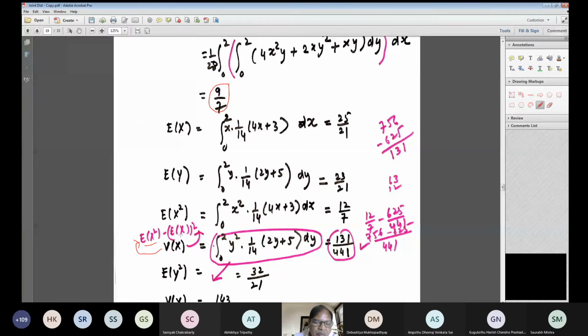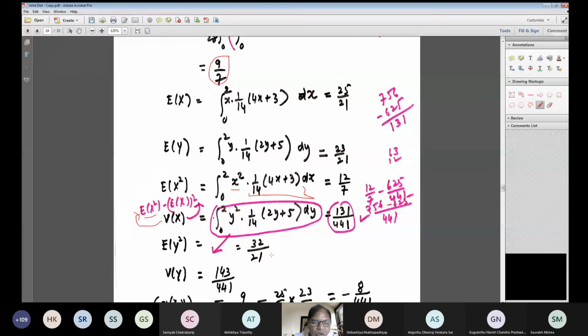And E of x you have already obtained. So the expected value of x square is the integral of x square times fx dx. So this is 12/7. So variance of x, you can simplify and get it. Here I have simplified.